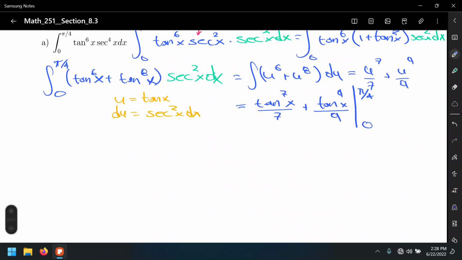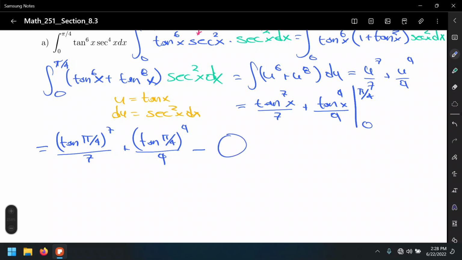The rest of the problem is just the fundamental theorem of calculus: evaluate the upper limit minus the lower limit. That's tangent of pi over 4 raised to the 7th power over 7 plus tangent of pi over 4 raised to the 9th power over 9, minus, well, if we plug in 0 for these two terms, what's tangent of 0? 0. So there's a big 0 here.